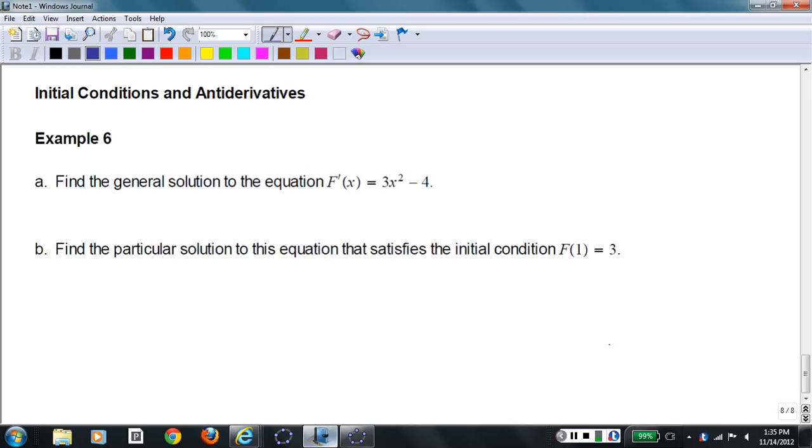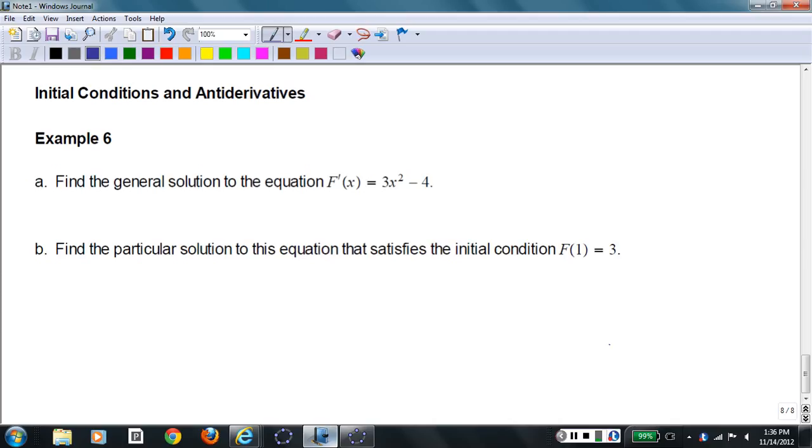Basically, what we're trying to do here is solve this differential equation. The derivative f prime of x is given, and we're looking for the function that will satisfy this equation in which a derivative is involved. So it's not one of the more challenging differential equations one might run into, but strictly speaking, it is a differential equation.